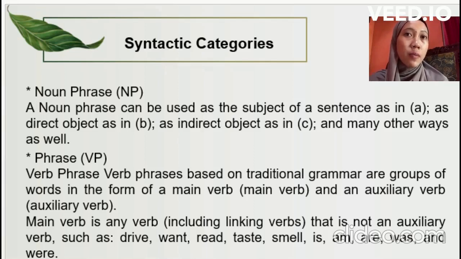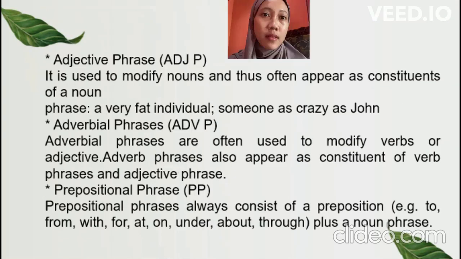Verb phrases based on traditional grammar are groups of words in the form of a main verb and an auxiliary verb. A main verb is any verb, including linking verbs, that is not an auxiliary verb, such as drive, want, read, taste, smell, use, are, was, and were.